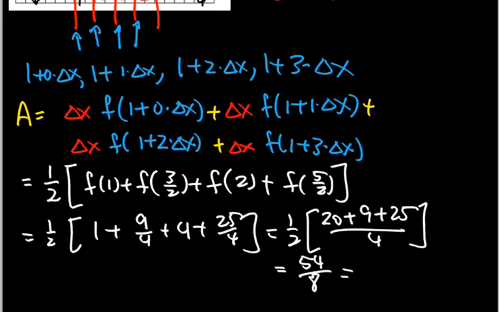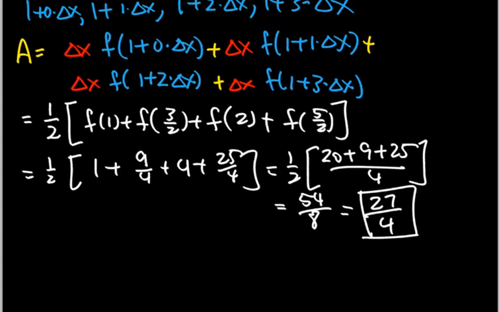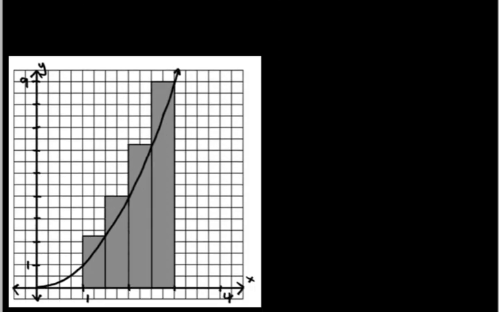So let's see if this can divide somehow. We know at least 54 is even, so let's divide these by 2 each, then we get 27 over 4, and yes, that's the most that it'll reduce. Alright, so let's try the next one then.